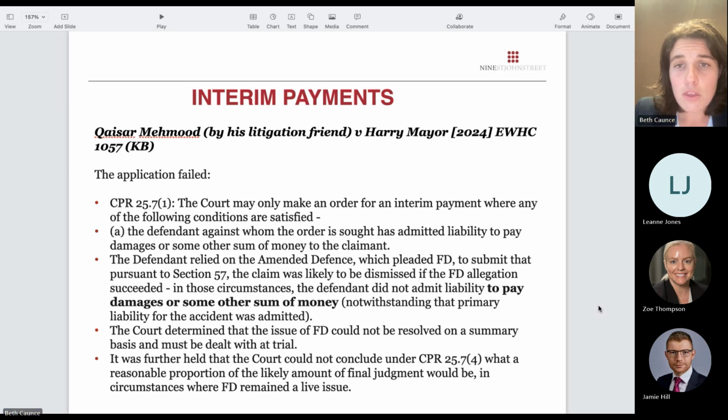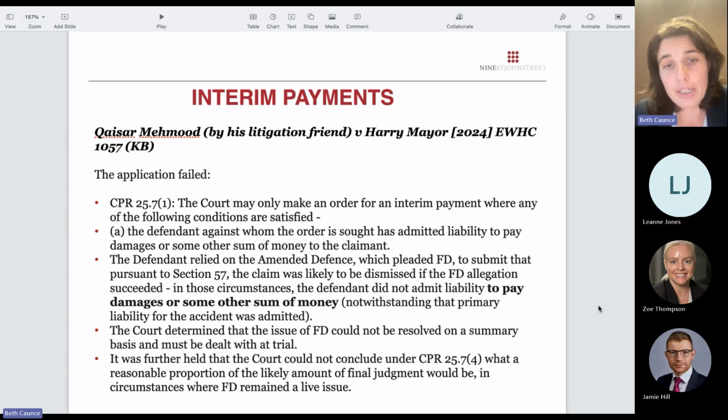So the interim payment application made by the claimant failed, and this was the decision with reference to CPR 25.7(1). The court can only make an order for an interim payment where one of the following conditions is satisfied. And the relevant one here is subsection (a), where the defendant against whom the order is sought has admitted liability to pay damages.